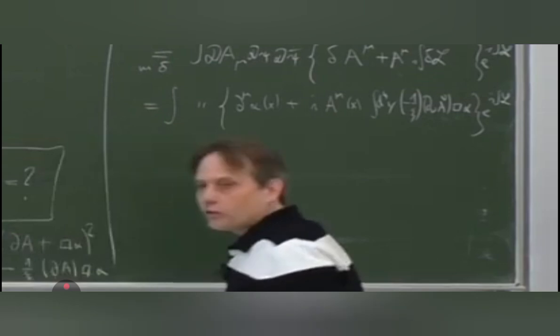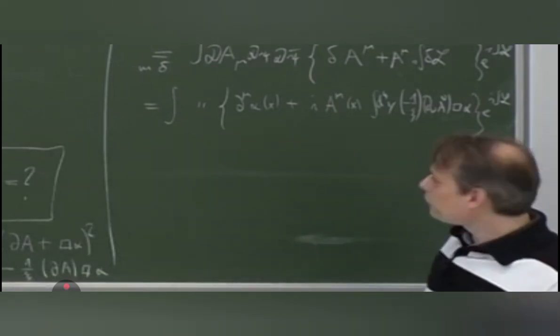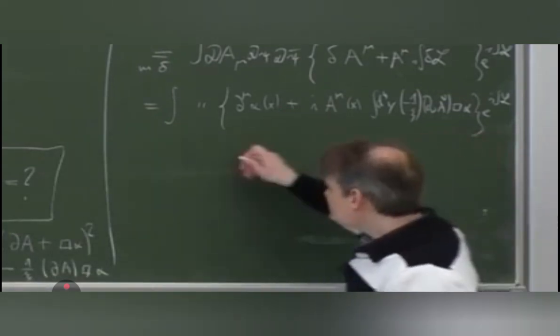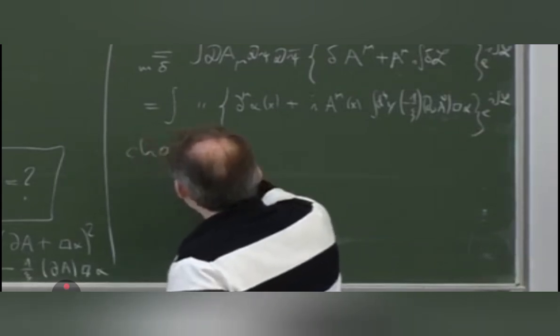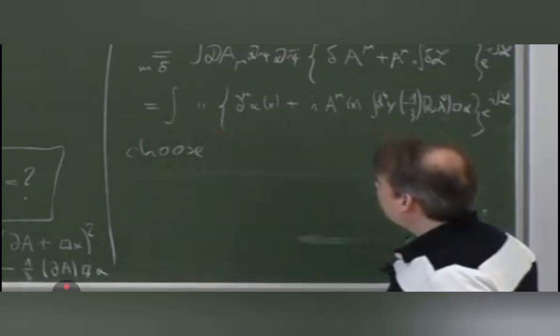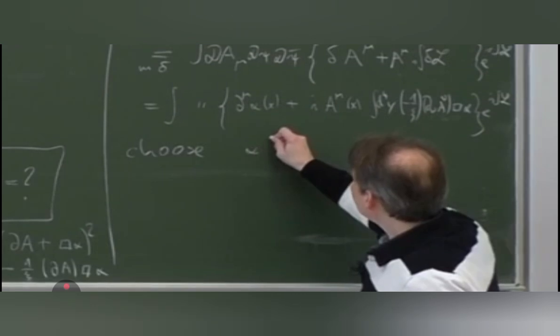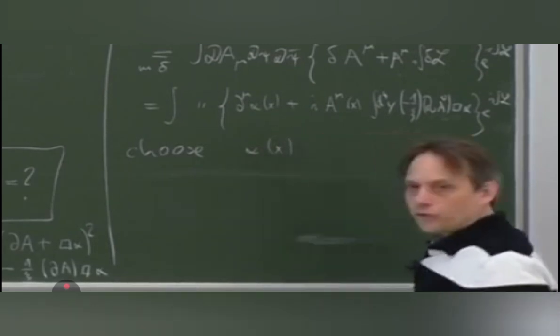So how can we simplify the whole thing in order to obtain the nicest form of an equation? One thing that you can do is to choose alpha of x as a special function.